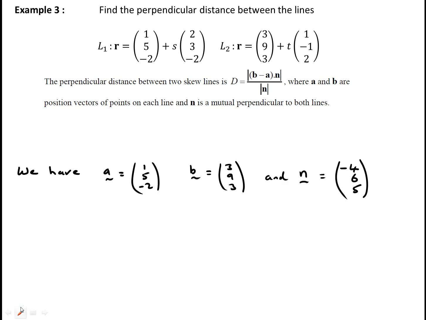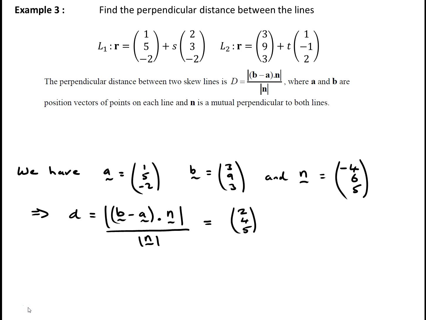So we've got a is (1, 5, -2), b is (3, 9, 3), and we've just calculated that the mutual perpendicular to the two lines is the vector n, which is (-4, 6, 5). So the distance between the two lines is given by the formula: the distance equals the modulus of the scalar product (b minus a) dot n, divided by the size of the vector n.